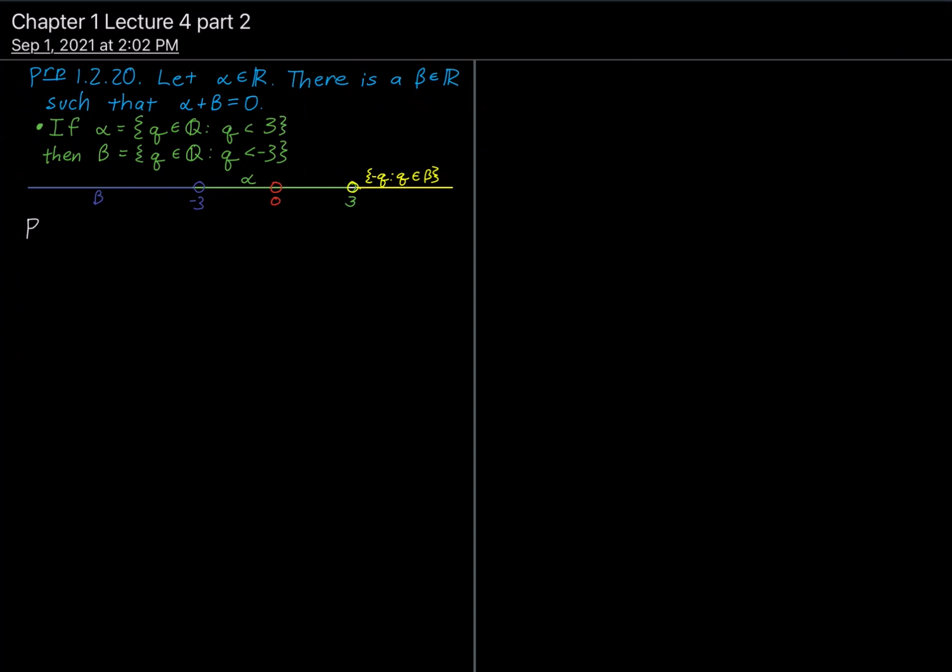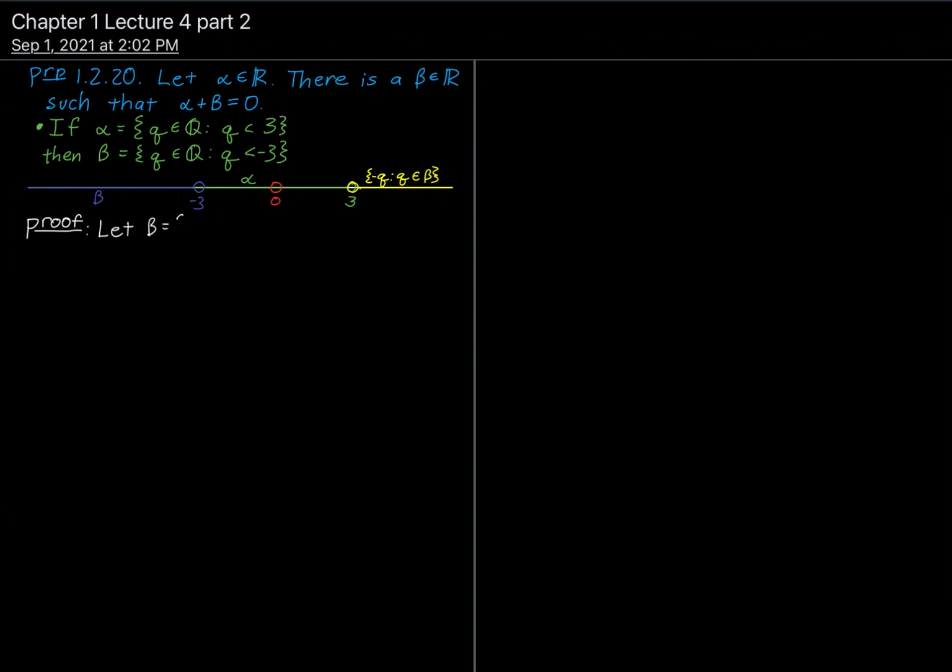So here is how we are going to prove this. Here is the general formula for beta. So we're given alpha. It's not necessarily the rationals less than 3 anymore. That's the example. So now we get to define beta.